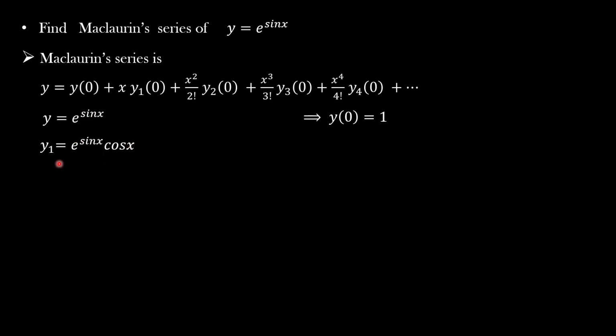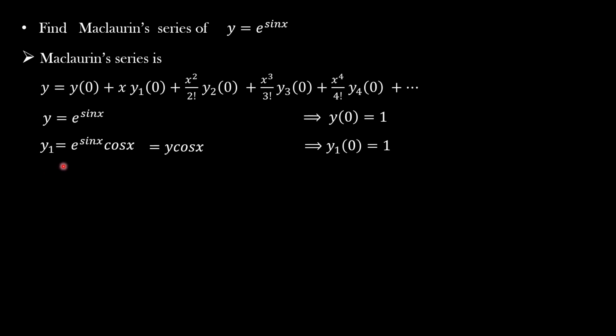That is, y1 is equal to e power sin x into cos x, or I can write it as y into cos x. Therefore, y1 is equal to y into cos x implies y1 of 0 is equal to 1.